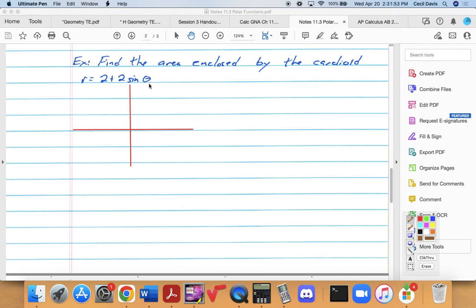So when theta is equal to 0, sine of 0 is 0. Yes, you do need to know that. So the radius is equal to 2. At pi over 2, sine is 1, so that's going to be 2 plus 2 times 1, which is 4. So now my radius is 4.